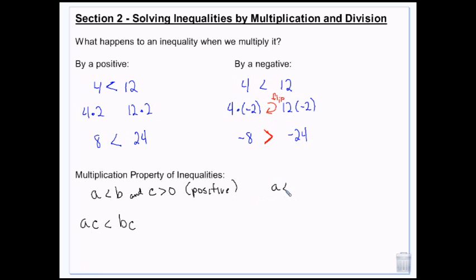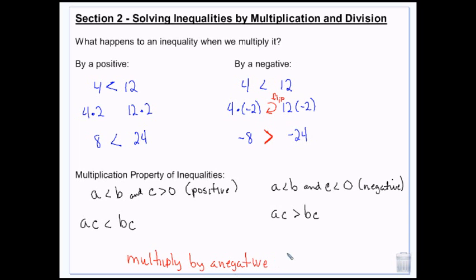But if A is less than B and C is less than 0, so it's negative, then AC becomes greater than BC. Okay, so the rule is if you multiply by a negative, flip your inequality. Okay, and I mean it makes sense, right? Why you have to do that? Because it changes the truth.